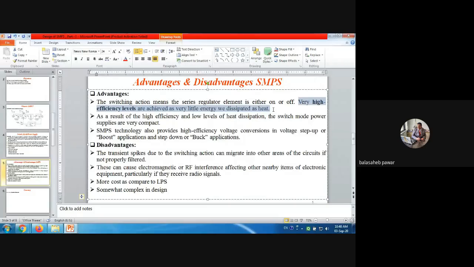In my previous lecture, I showed the output characteristics for BJT as well as MOSFET, and in that ohmic region we observed the VDS, the voltage across drain to source, is very, very small.